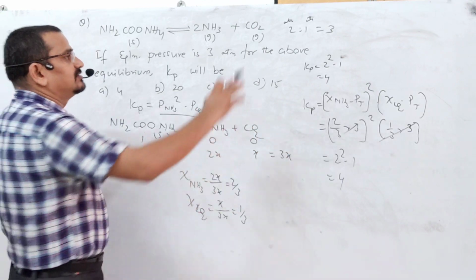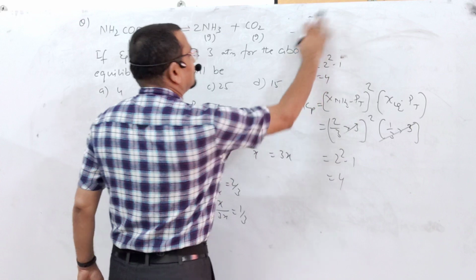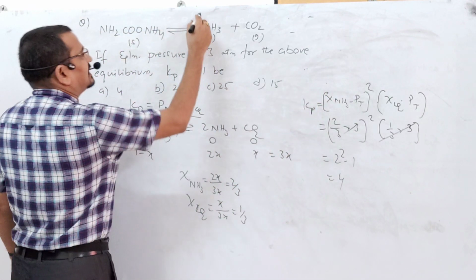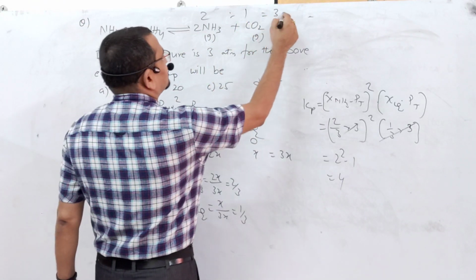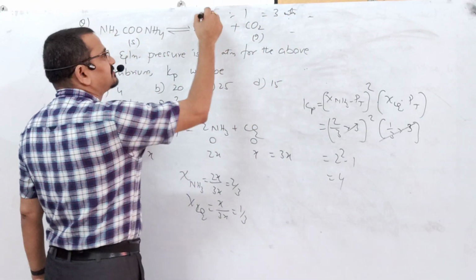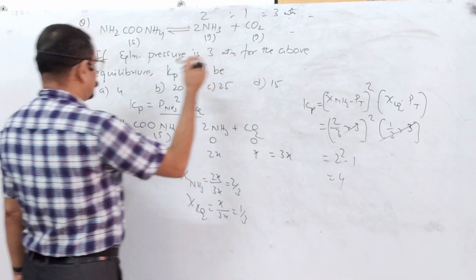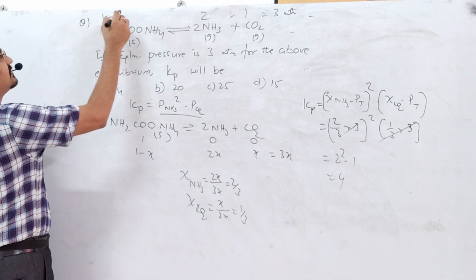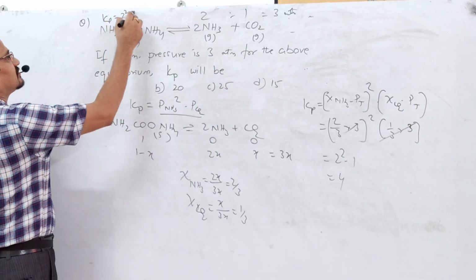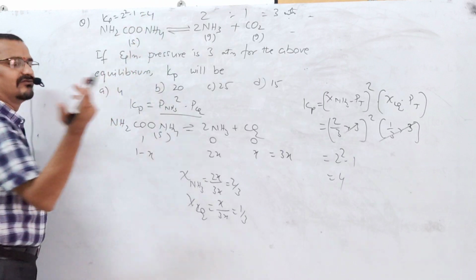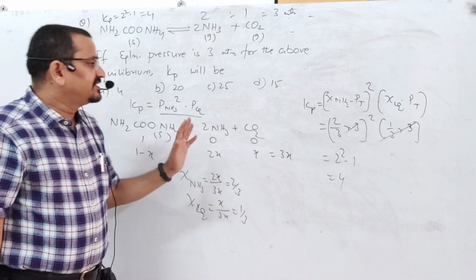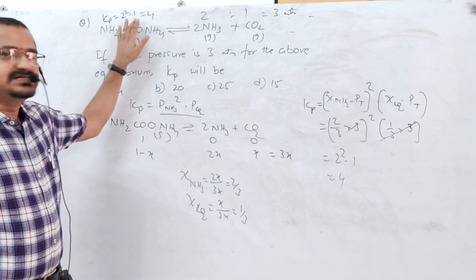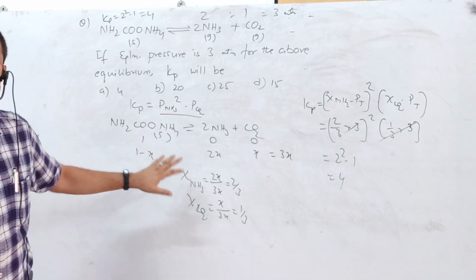Instead, if you follow the shortcut, what is that? As this is a 2:1 moles ratio, these are the only gases, totally contributing 3 atmosphere total pressure, meaning partial pressure of ammonia is 2, CO2 is 1. Then Kp is simply partial pressure of ammonia square into partial pressure of CO2, that is 4. One line. In maximum 20 seconds we can solve this, right? This is how we can answer in a simple shortcut and in a systematic procedure.